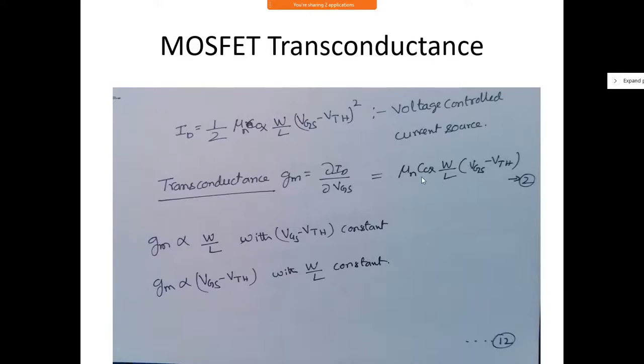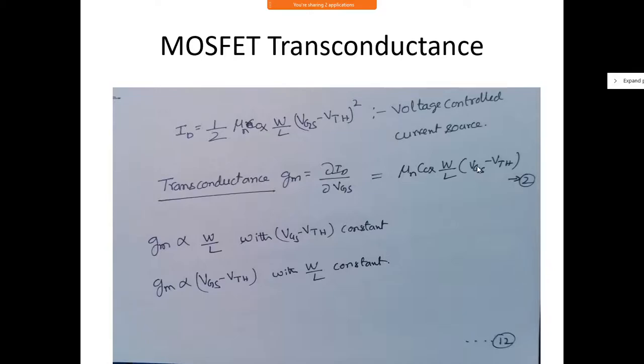Forget about simulation: even in real fabrication of a MOSFET, he cannot change the mu n value or the Cox value for a given technology. So that's why this is always kept constant. In the simulation, we keep it as 200 microampere per volt square. The user cannot have any control on mu and Cox, so we are not referring to them here. Whereas you can change the dimension, you can change VGS.